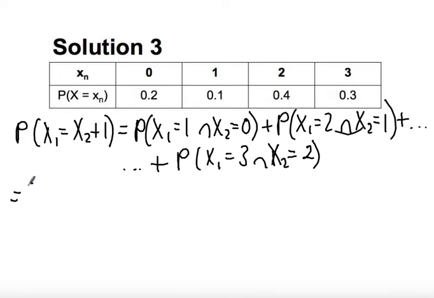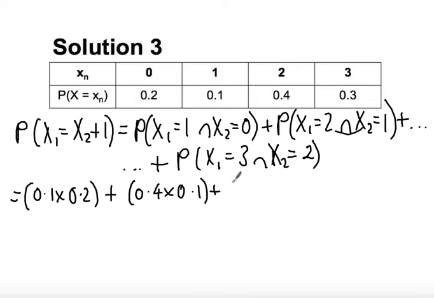So when I calculate this, I get probability of x1 equals 1 is 0.1. Because they're independent, multiply the probability of x2 equals 0, 0.1 times 0.2, plus x1 equals 2, 0.4, times x2 equals 1, 0.1, plus x1 equals 3, so 0.3, times x2 equals 2, so that's 0.4.